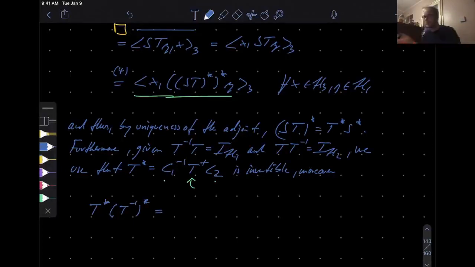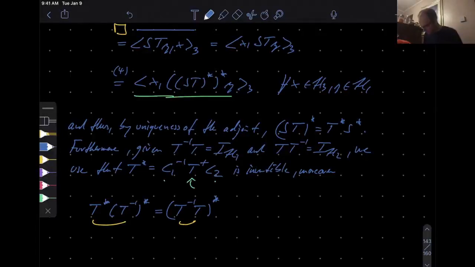Oh yeah, this is that for S and T, the adjoint thereof you can compute by swapping the orders and taking the individual adjoints. So you get T inverse T star, right? So if I put the star outside over both, I have to flip the order, and that's precisely what happened here. Here on the left, there's T on the left and the inverse on the right. Here with the star outside, it's precisely the other way around.